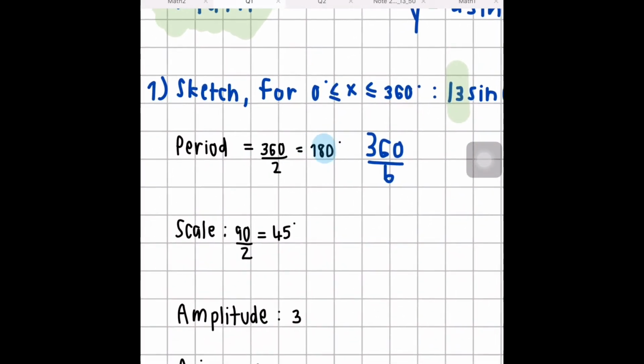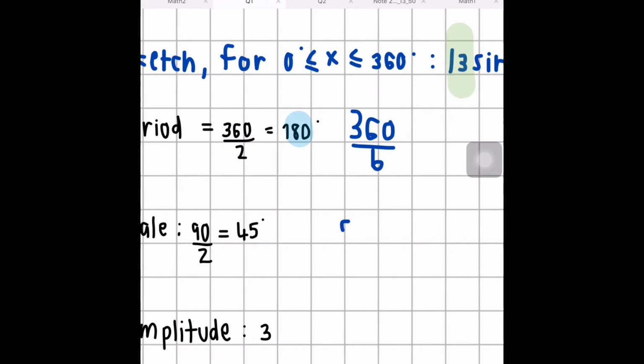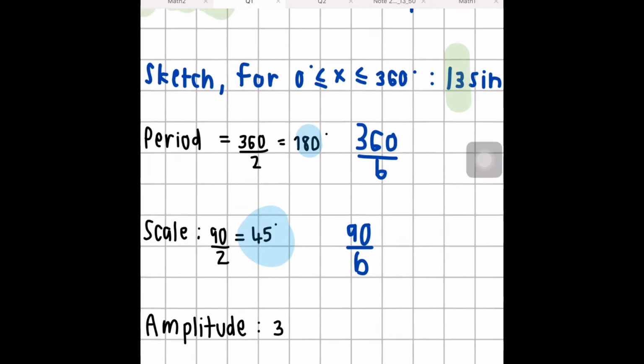Next, we have to find the scale. To find the scale, we use the formula 90 over b. The same, b in this case is 2, so divide 90 by 2. It will equal 45.